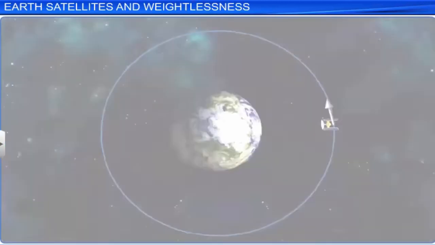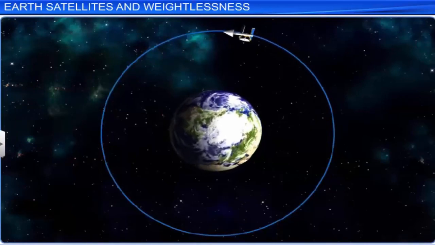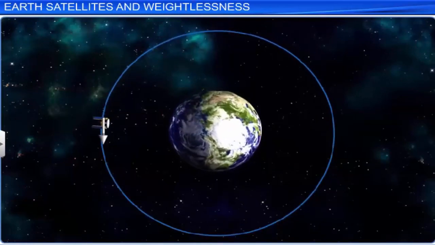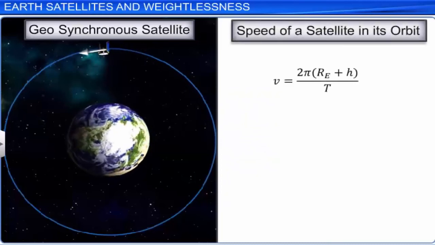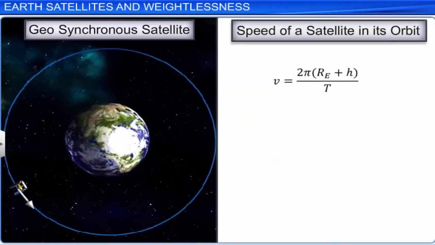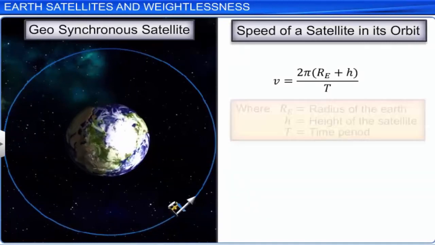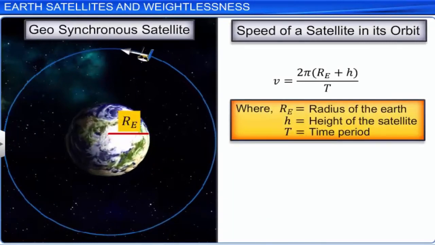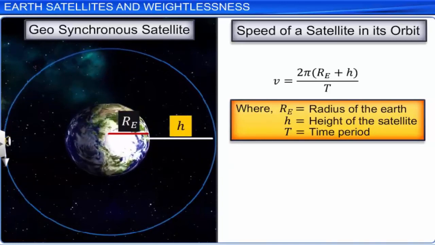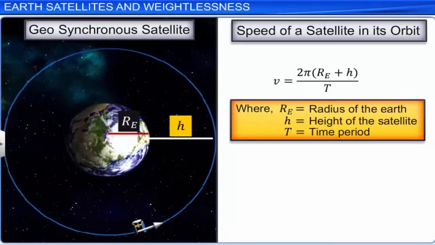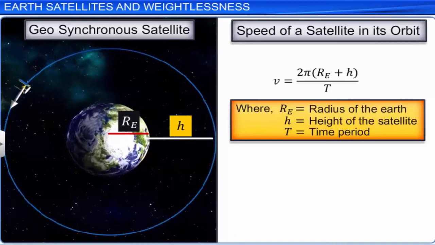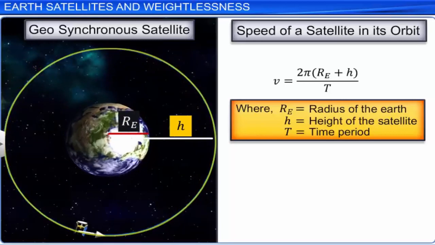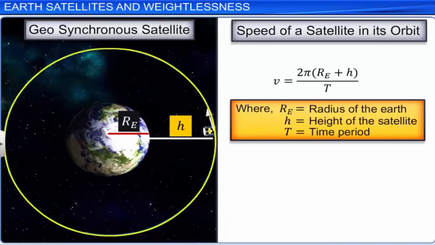Earlier, you learned that the speed of an Earth satellite in its orbit is denoted by the expression v is equal to 2 pi into R_E plus h divided by T, where R_E is the radius of the Earth, h is the height of the satellite from the Earth's surface, and T is the time taken by the satellite to complete one revolution around the Earth, which is referred to as its time period.